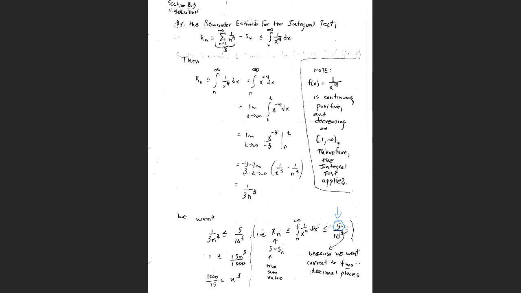So we want our 1 over 3n cubed to be less than or equal to 5 over 10 cubed. In other words, we know that our error in estimating the series with the nth partial sum, R sub n, is less than or equal to 1 over 3n cubed, and we're going to set that less than or equal to 5 over 10 cubed.